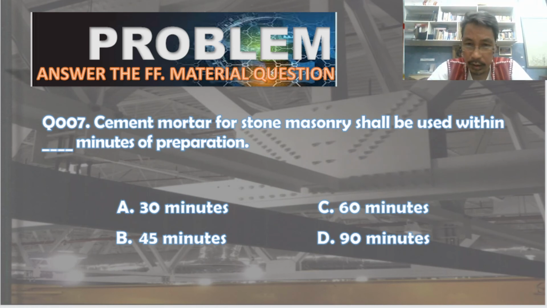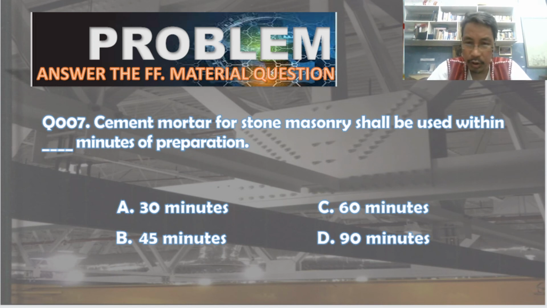Now we are on the last slide for the material engineer challenge question. Question number 7. Cement mortar for stone masonry shall be used within blank minutes of preparation.